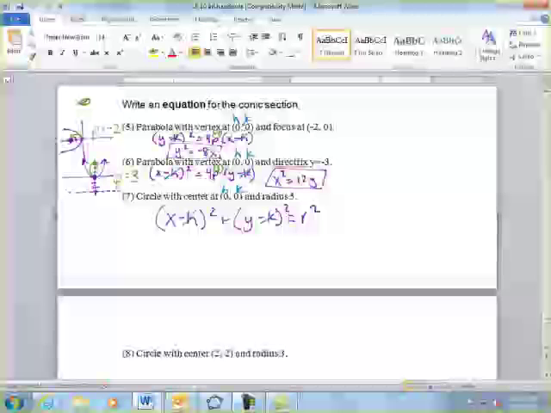And this one is centered at 0. What is r? 5. R is the radius. So then our final equation is x squared plus y squared equals 25. If you left the zeros in there, that's fine, if it's x minus 0 squared and y minus 0 squared.